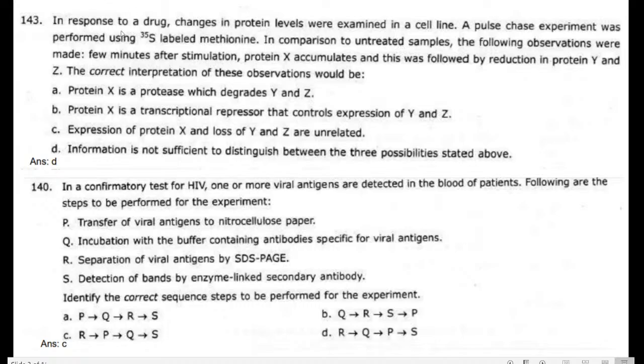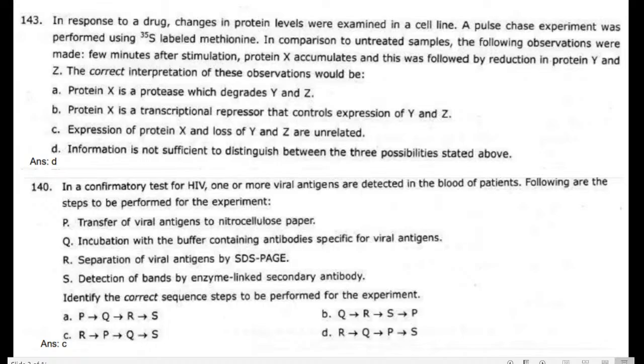A pulse-chase experiment was performed using S35 labeled methionine. Here the statement, pulse-chase experiment, they are using S35 labeling.